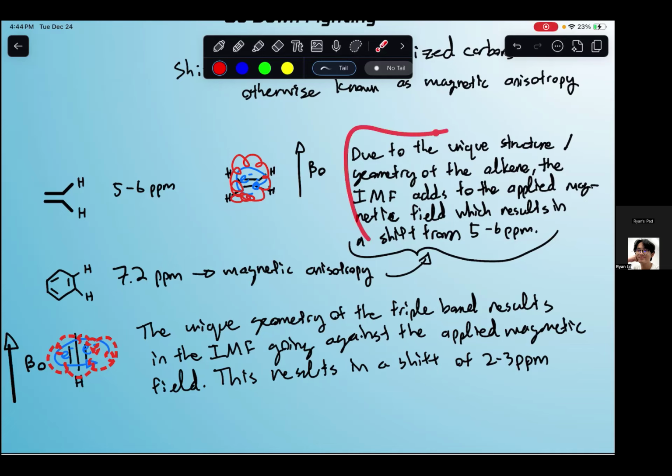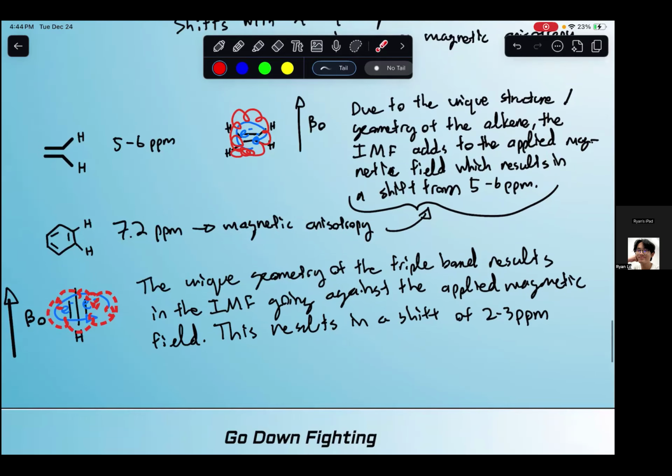That effect is multiplied by roughly three, and so with benzene rings like this, you end up with a 7.2 ppm shift. Both of these are because of magnetic anisotropy.